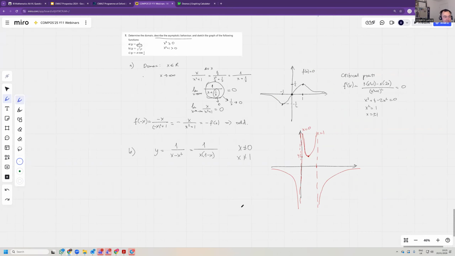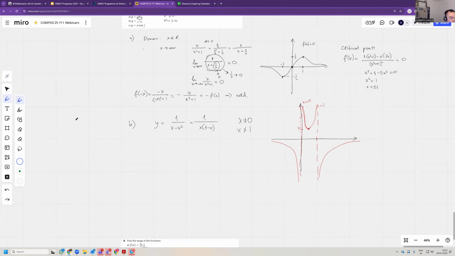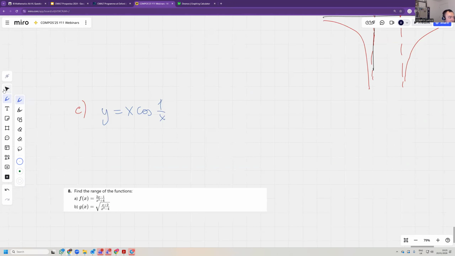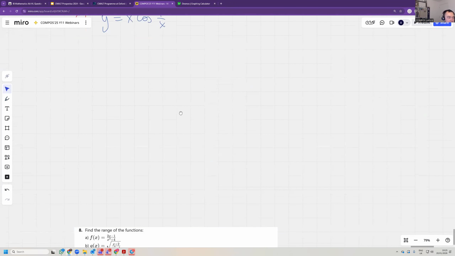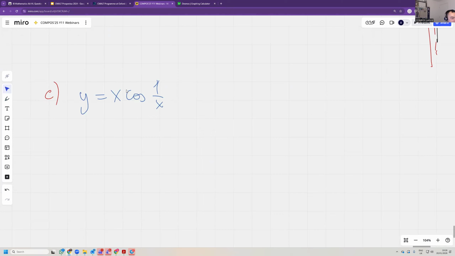And the third one, C. C is y equals x cos 1 over x. Okay, so what's happening with this bit?